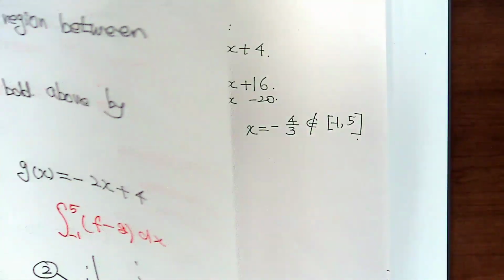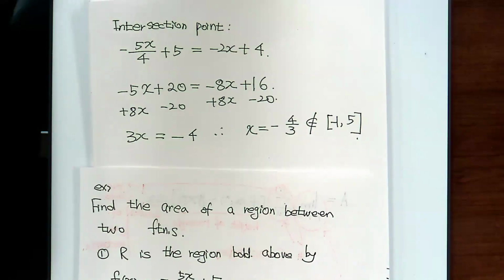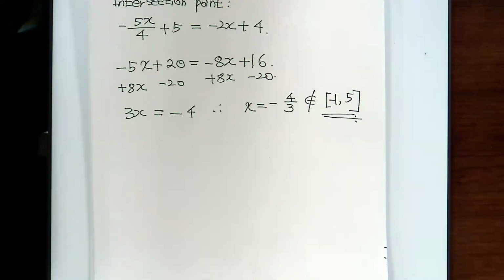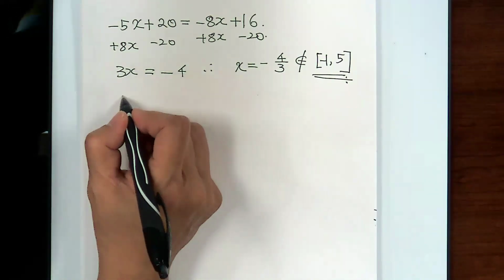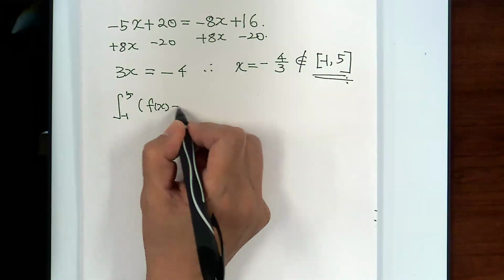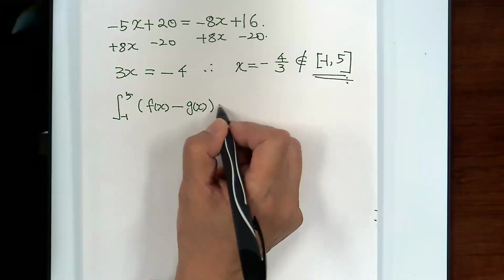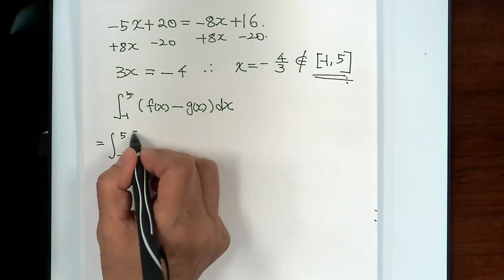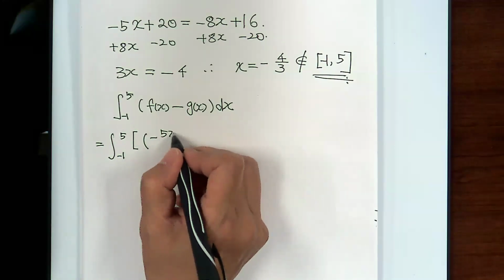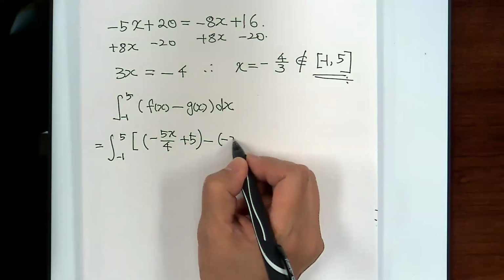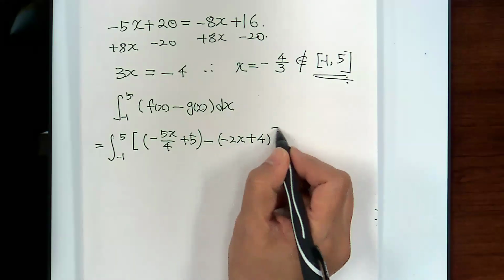So that is number 1. In this region, f is always larger than g of x. So the integral from minus 1 to 5 of f of x minus g of x dx is the integral between minus 1 and 5 of minus 5x over 4 plus 5, that is f of x, minus g of x, which is minus 2x plus 4, dx.